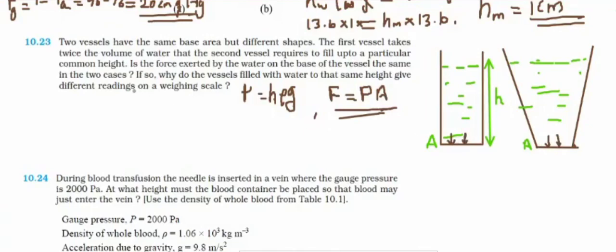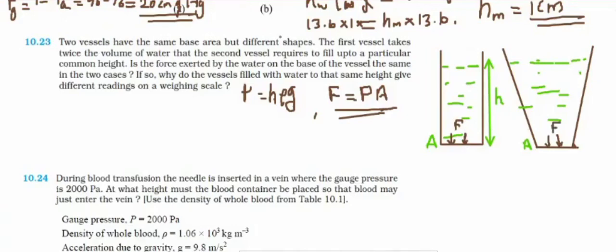So it will be the same in two cases. But at the same time, the question says that the second container has almost double the volume of water. Now, the force is the same. Both have force F on the base area.